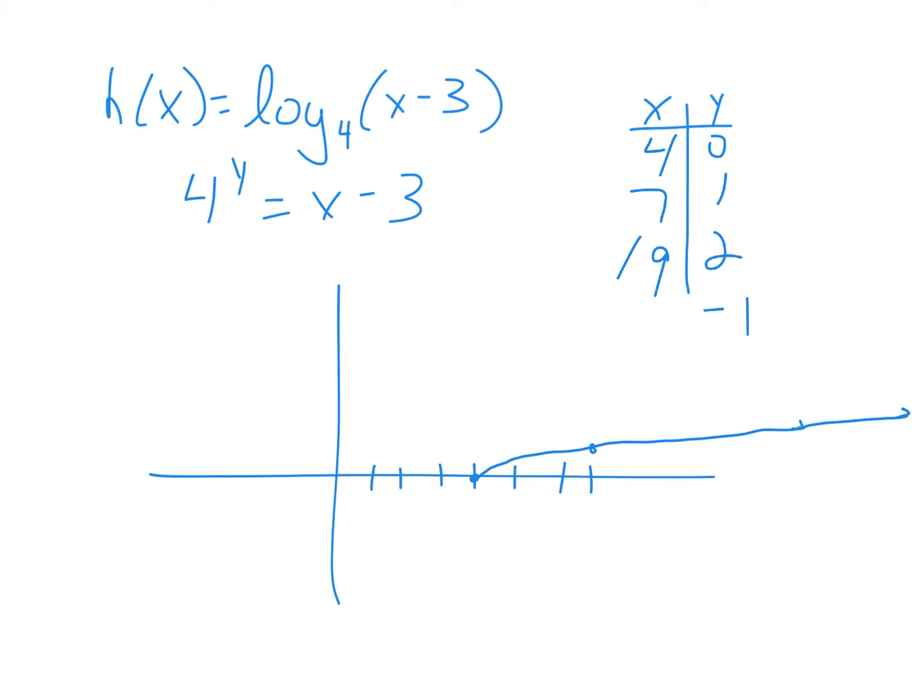Negative 1 will be 1/4 on the left side, and I add 3 to it, so it'll be 3 1/4. So it would start to go down here and continue on, but it'll never touch x equal to 3. Never ever. X can't be 3 because this 4 to the power of y can never be equal to 0, ever.